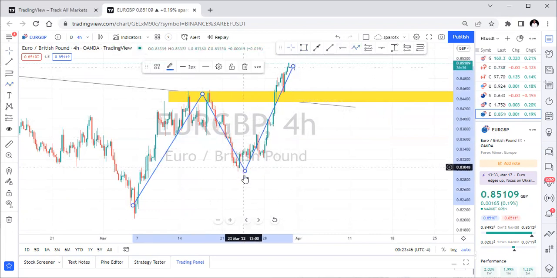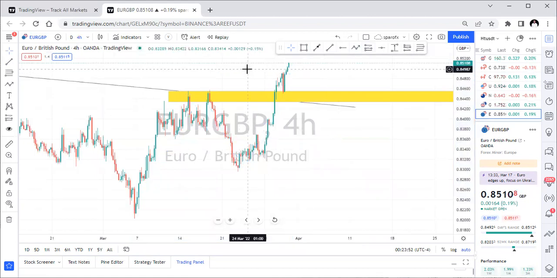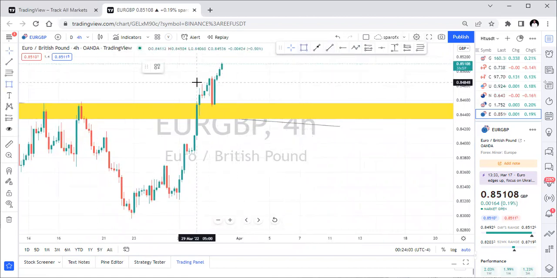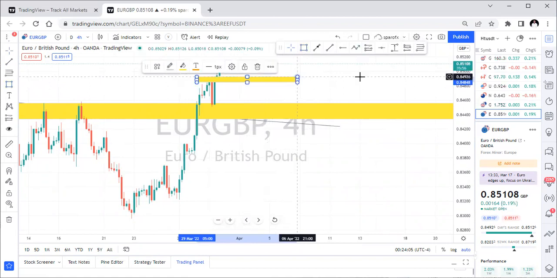The last low failed to break below this low, so we are pretty bullish on this analysis, on this trade now. So what I'll be doing is going to the lower time frame. Since the market has closed above this very high, I'm expecting a continuation.